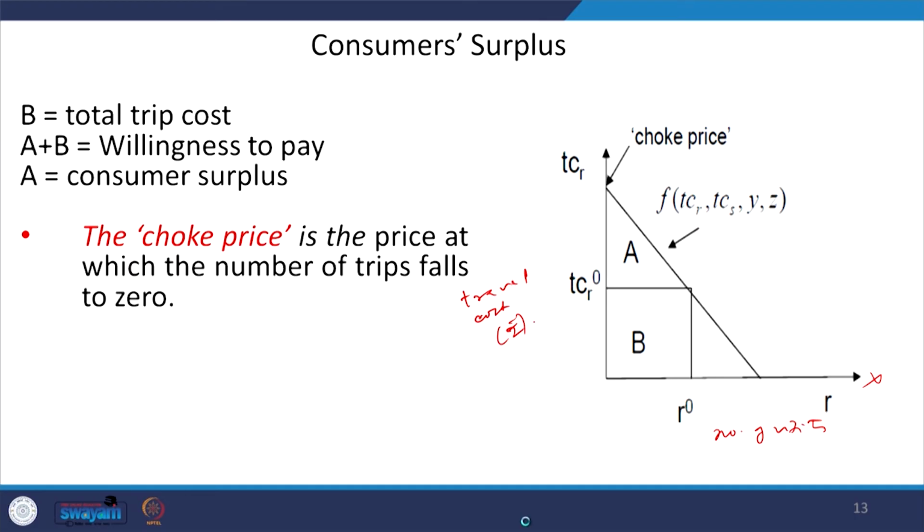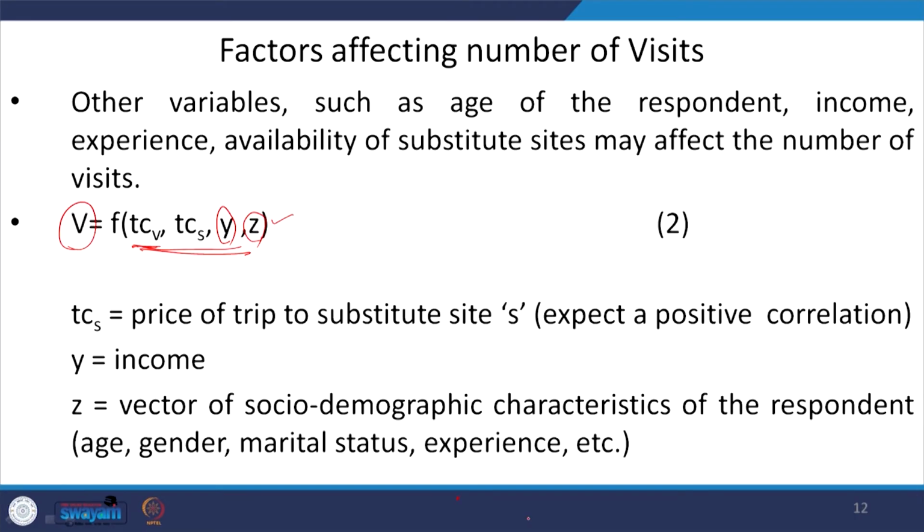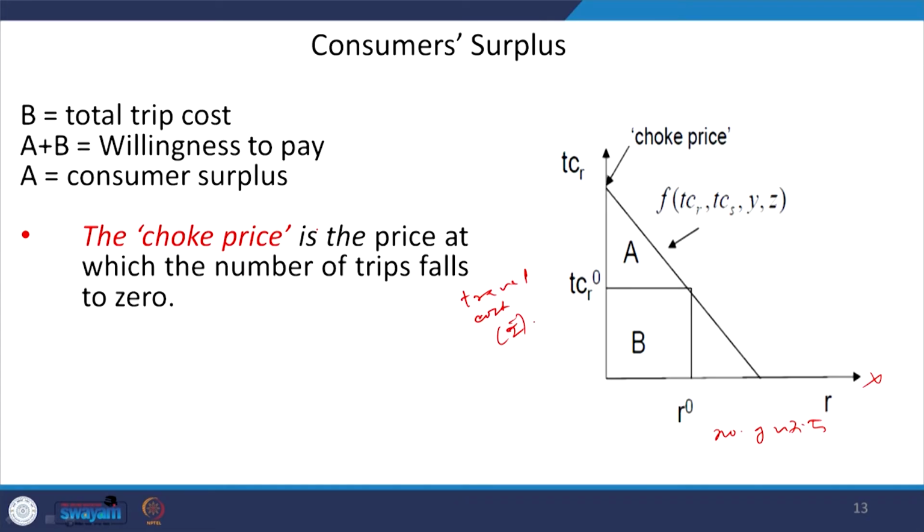In the previous slides, we discussed that the number of visits is a function of all these variables. So, this demand function we have drawn. This is the number of visits, this demand, and this is the travel cost. So, this curve would be this function.